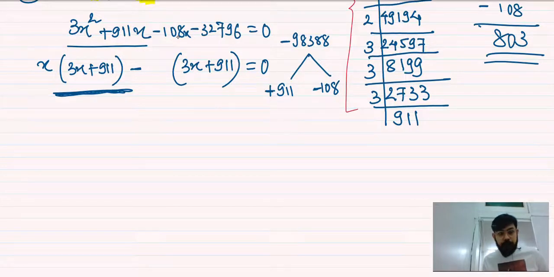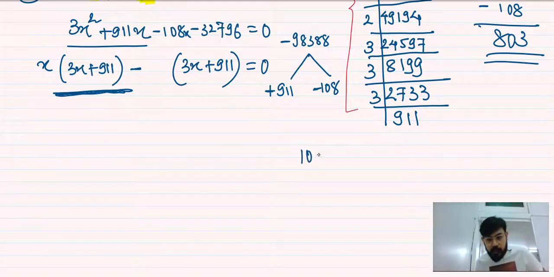Now see, I had 108x, right? And 32796. In the place of 108x, only 3x is left. So which number will be taken out as a factor, if 3 is one of the factors of 108?